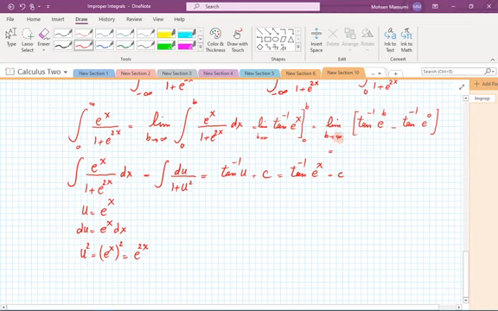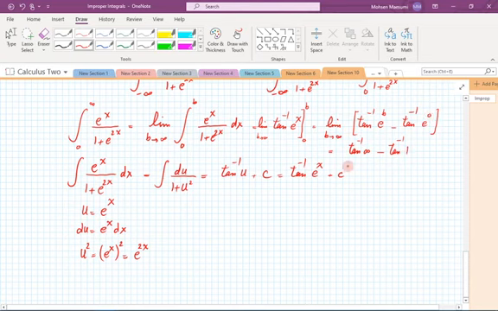So when b goes to infinity, exponential of b of course goes to infinity. What's tangent inverse of infinity? Okay, we need to remember that from trigonometry. How about here? Tangent inverse of, there's no b here, it's just 0. Exponential of 0 is 1, so that is tangent inverse of 1.